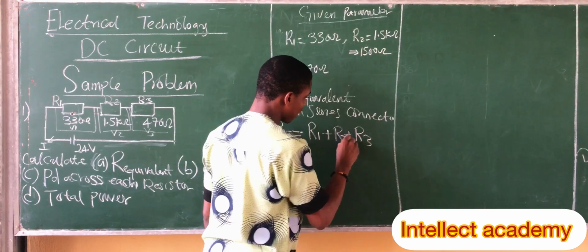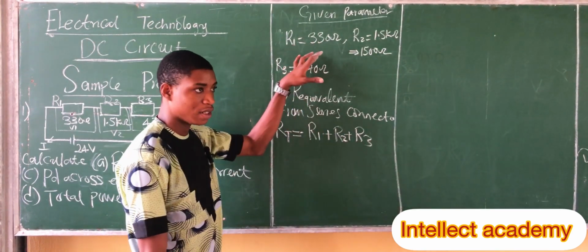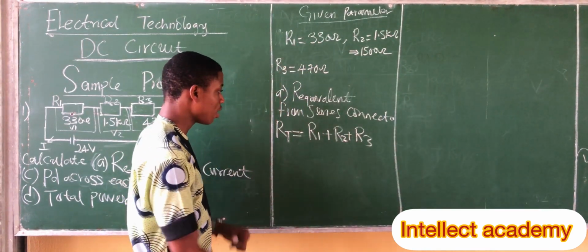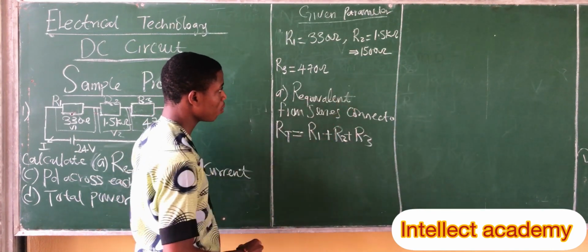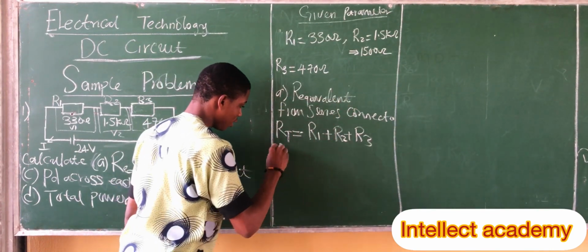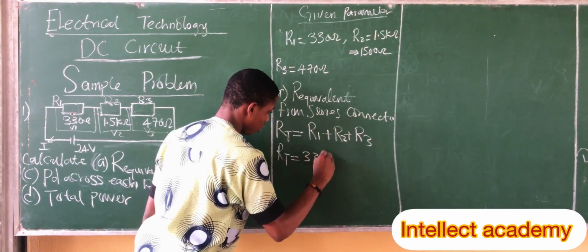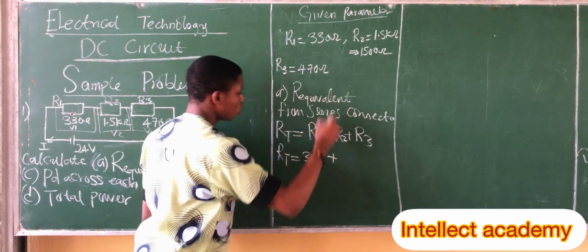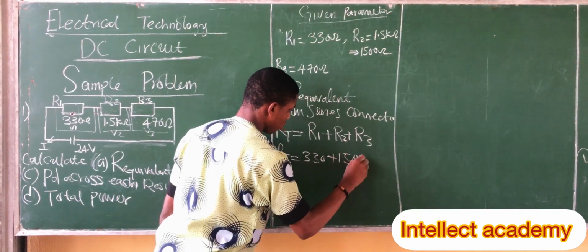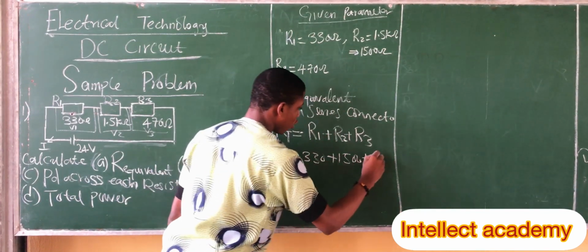Why am I stopping at R3? Because there are 3 resistors. So therefore, we're going to do that by summing all of them. So we have R_T. The first resistor is 330 plus the second is 1500 plus the third is 470.